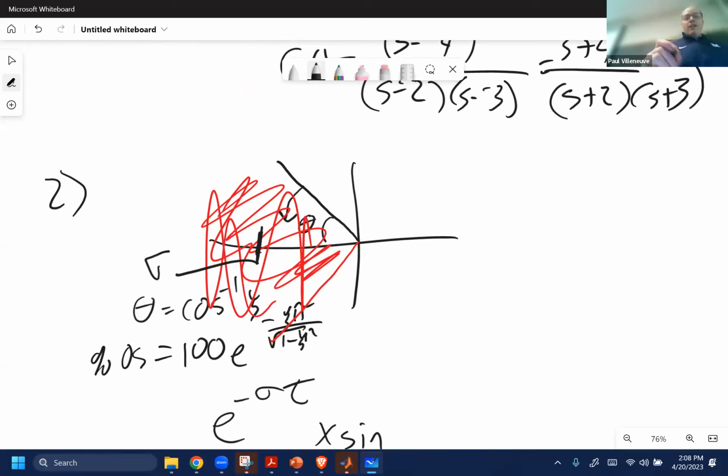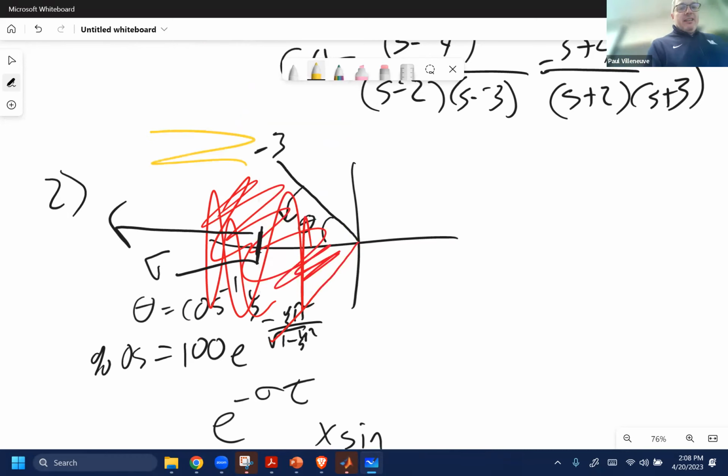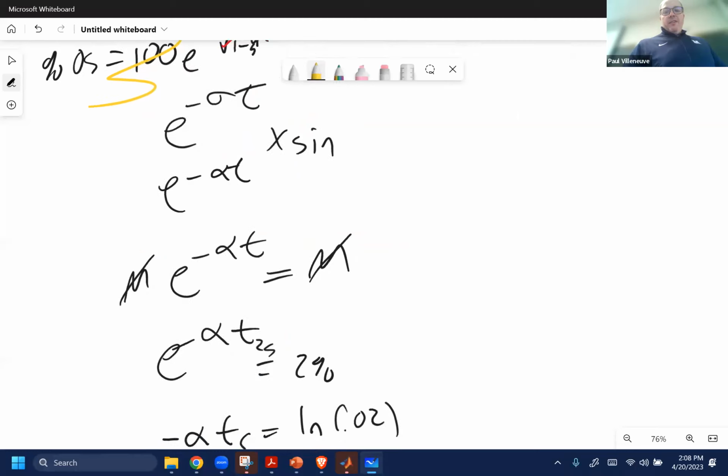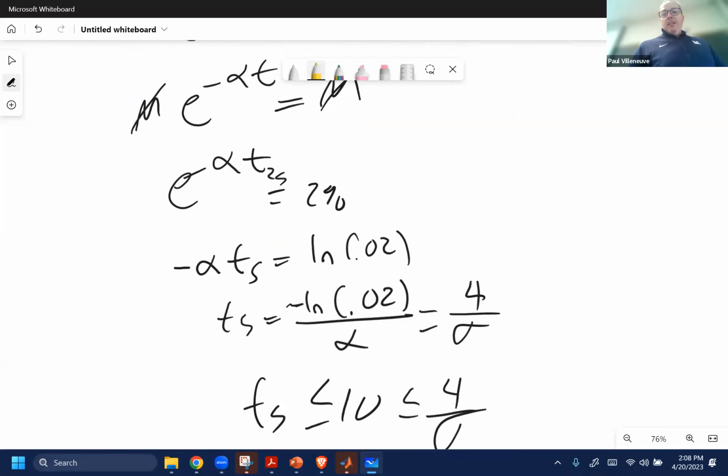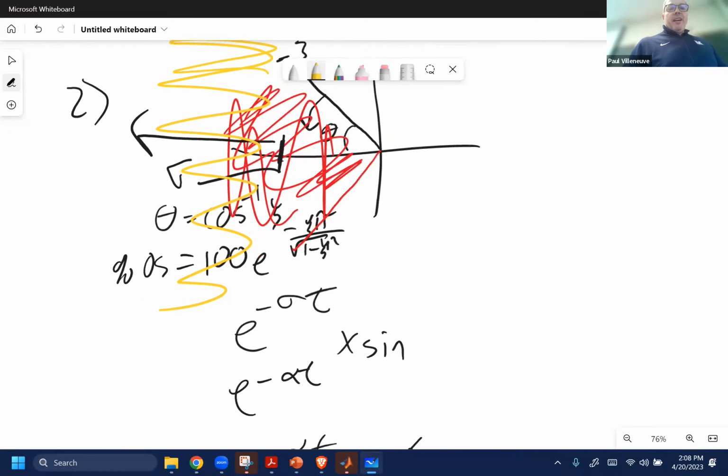It has to start off at negative, let's say -3. And what number is going to be less than -3? Anything that goes in this direction. So let's change my color, and anything over here where this value of time is 4 over lambda, right? So now you just solve for lambda. So any time where this value is less than 0.4 is a valid point.